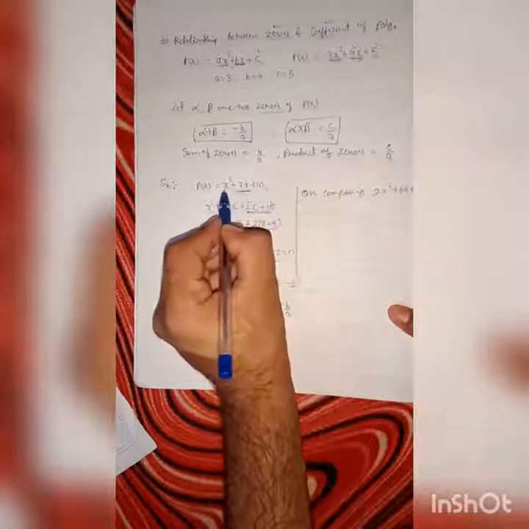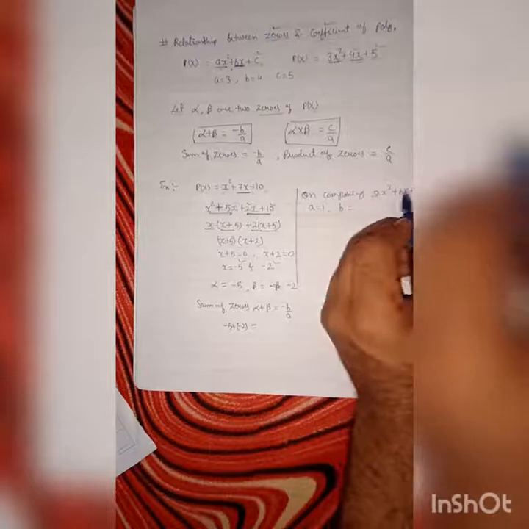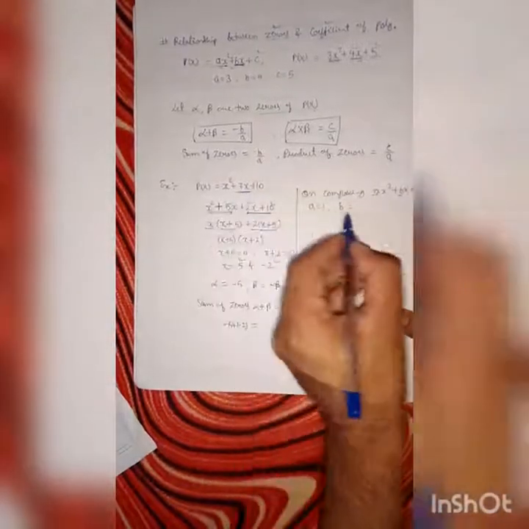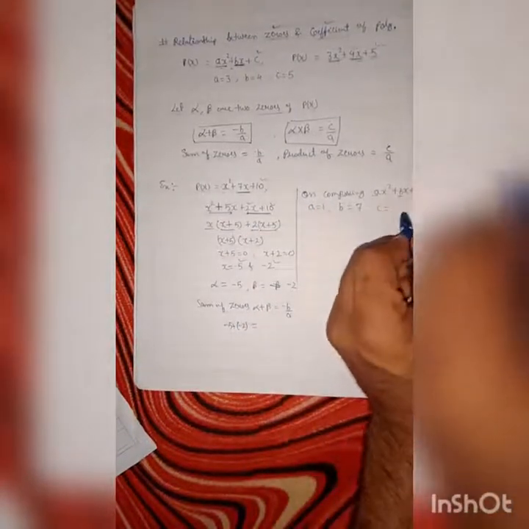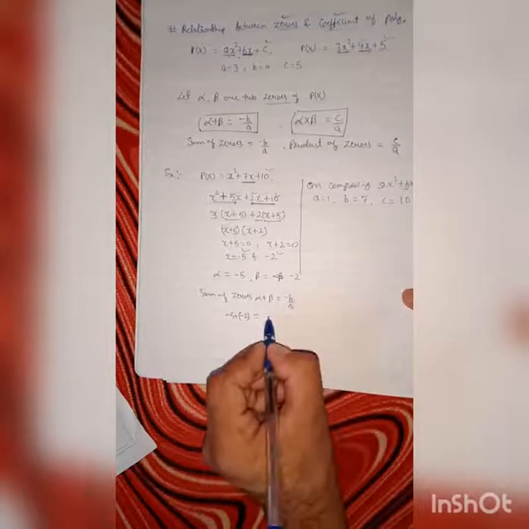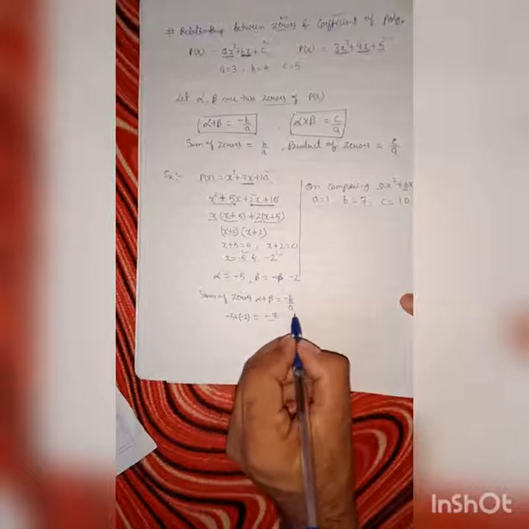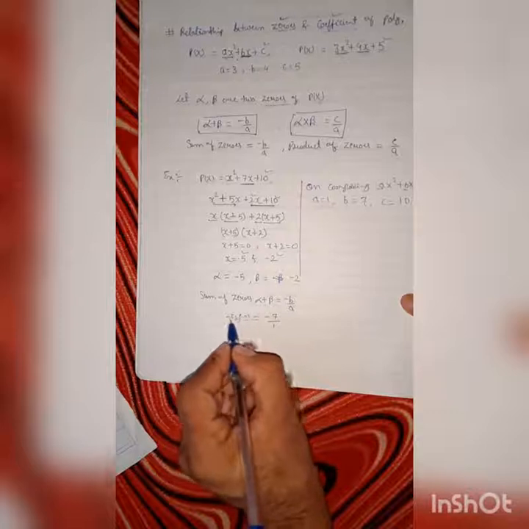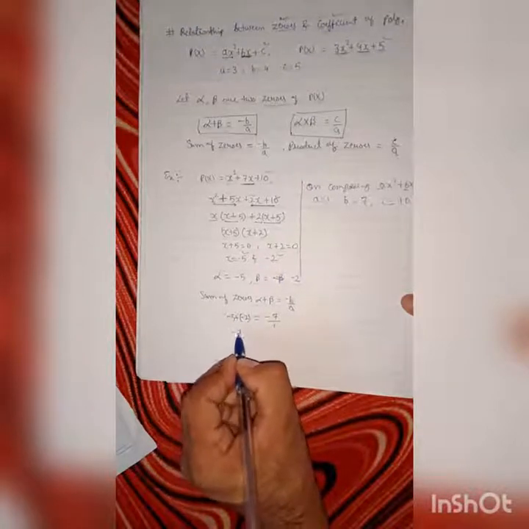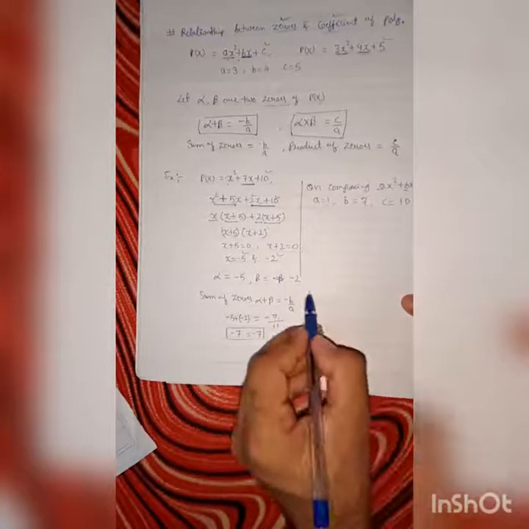So value of a will be what? Coefficient of x square, a equals to 1. Value of b, coefficient of x, we have 7, and value of c will be the constant term, and constant term is 10. Understand? So instead of b we'll take 7, and a we have 1. So minus 5 plus minus 2, minus 5 minus 2 becomes minus 7, and here also we have minus 7. So first thing we have verified.